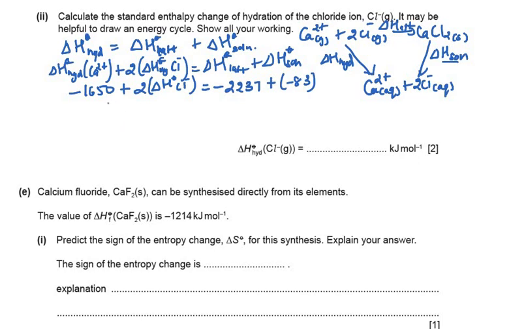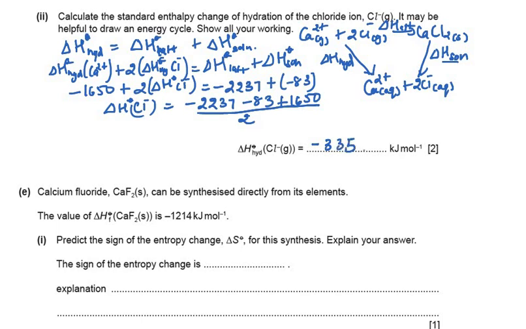Now if we substitute all the values and rearrange the equation, then we get an expression something like this, where we have minus 2237 minus 83 plus 1650 divided by 2, and hence we get the value of minus 335 kilojoules per mole.